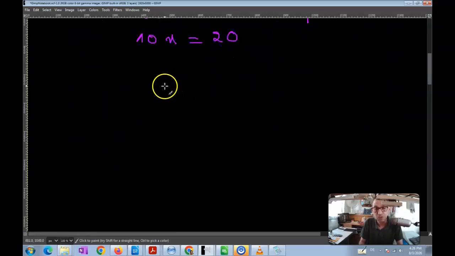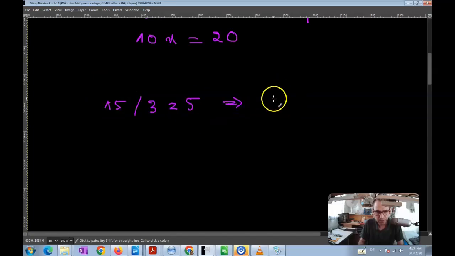If I want to solve it, I can use one of the properties of division. You know that a division is, for example, when you say 15 divided by 3 is equal to 5, this means that 15 is the number that you have in the numerator.